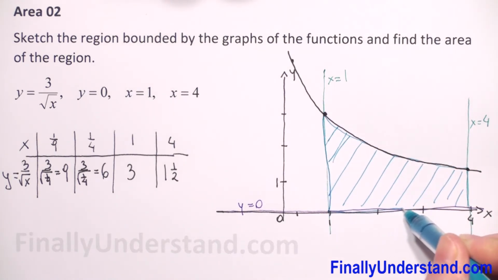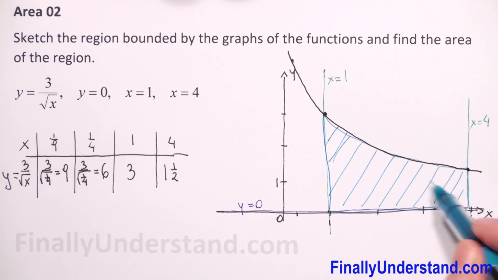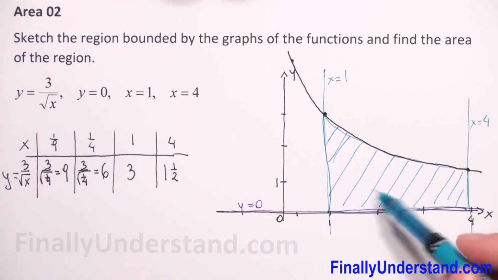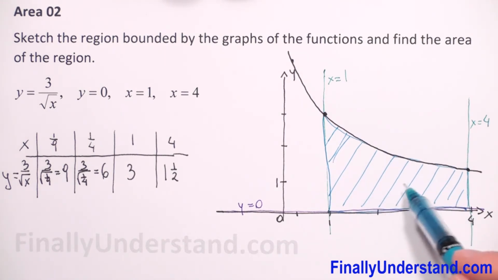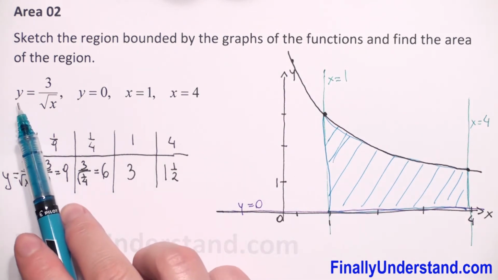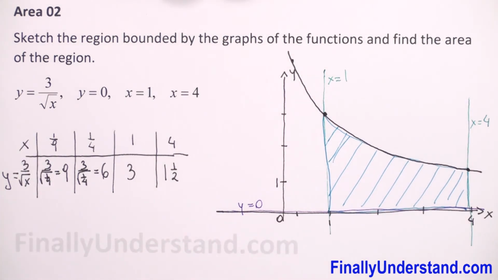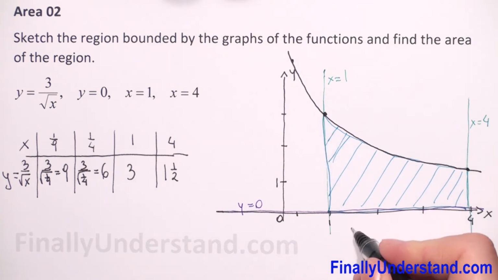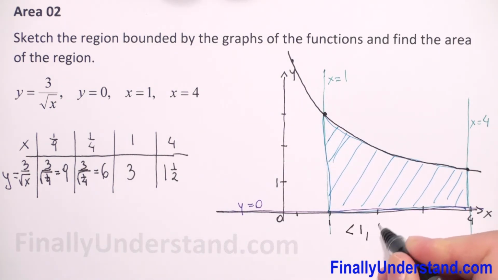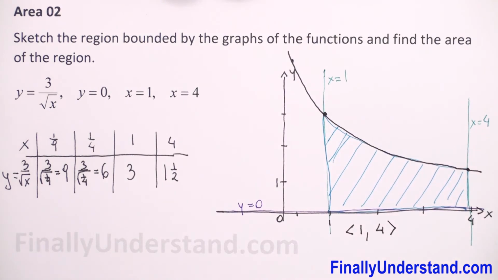We see that this is above the x-axis, it has positive values. Our function y is positive and is continuous in this interval from 1 to 4. So we will use a definite integral to find the area.